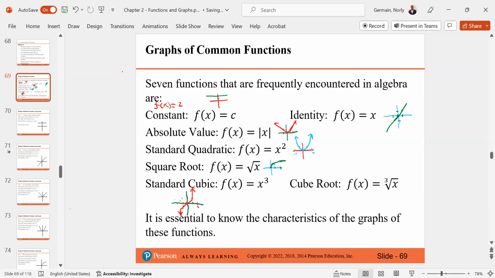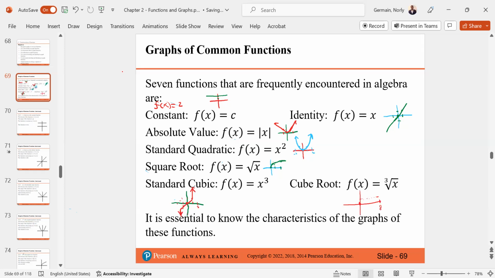And then, cube roots is like square roots. For cube roots, if x is 0, we're going to eventually go to 0. If x is 8, for example, what will be the cube root of 8? Yeah, that would be 2.